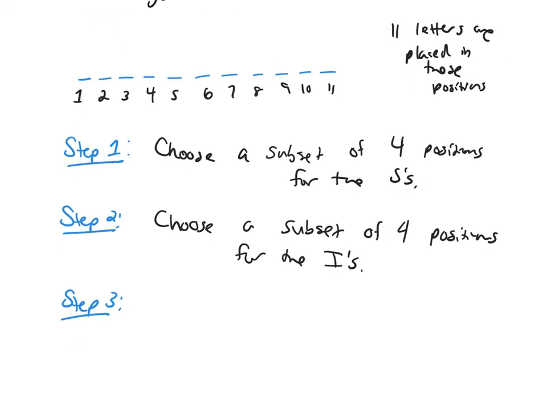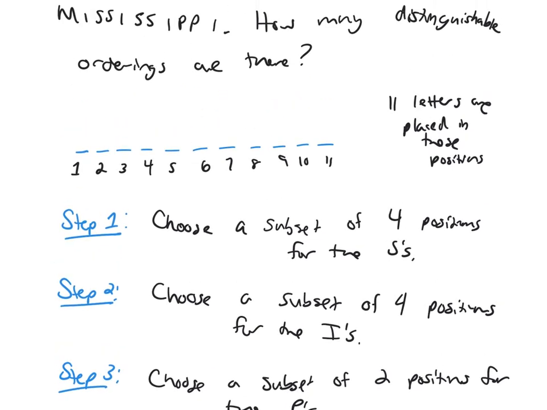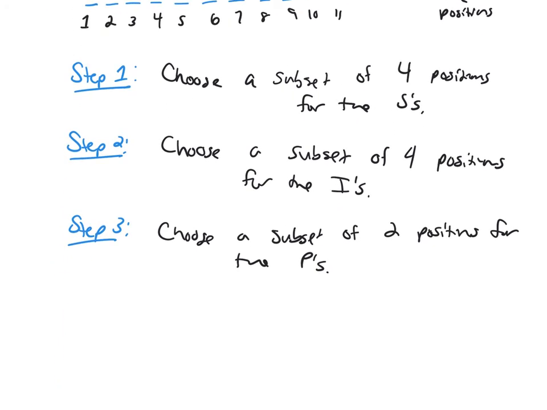There are 2 P's, so you're going to choose a subset of 2 positions for the P's. And then finally, there's one letter we haven't done, which is the M. So your final step is to choose a subset of 1 position for the M.